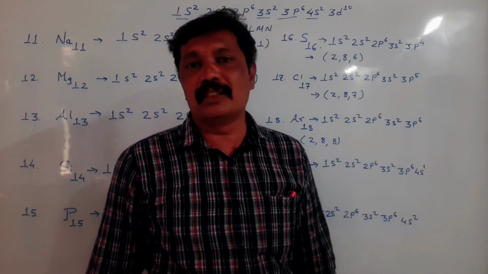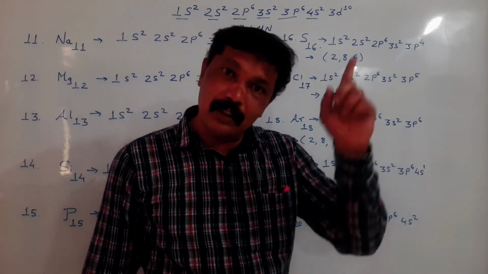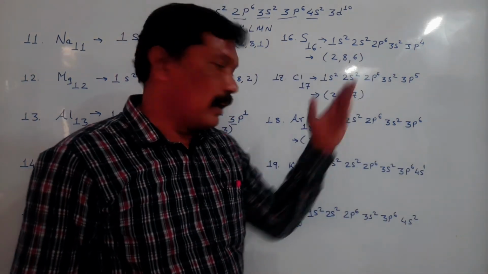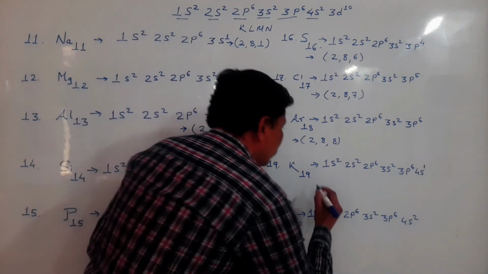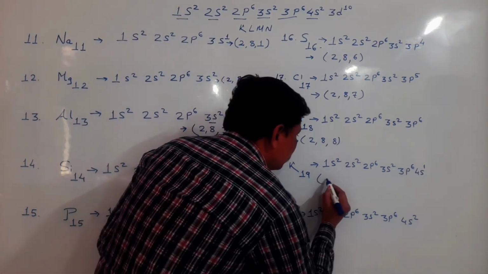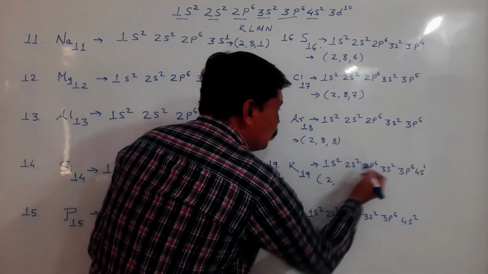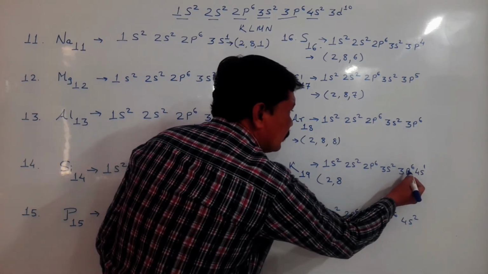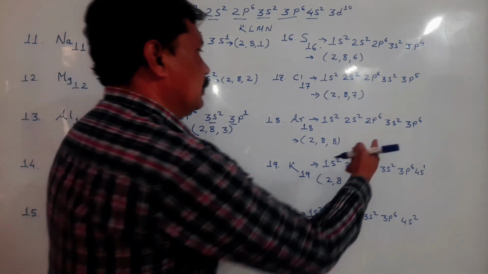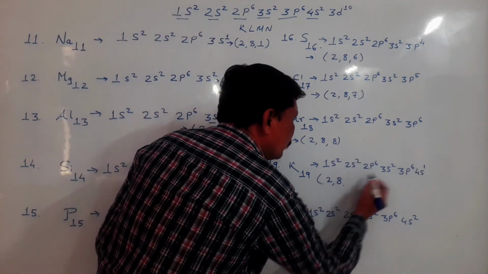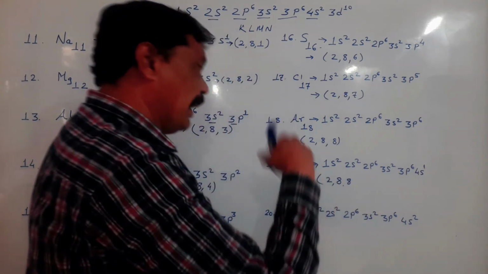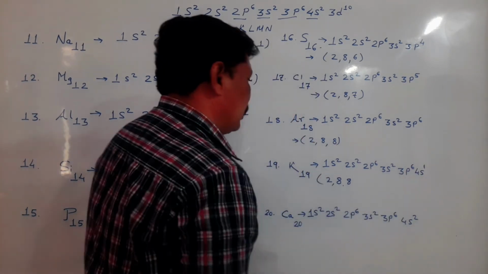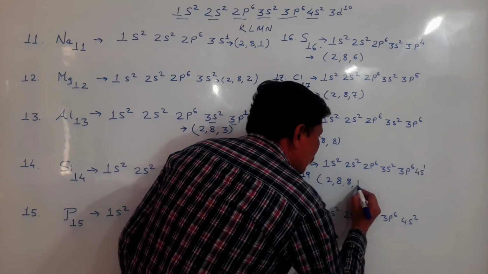This electronic configuration is given in 7th standard, and the reason for it is Aufbau's principle, and according to Aufbau's principle, we are going to count. 1s2, 2s and 2p, 6 plus 2, 8, correct. 3s and 3p, 6 plus 2, 8, and then the next orbital is 4s1, so here we have to write 1.